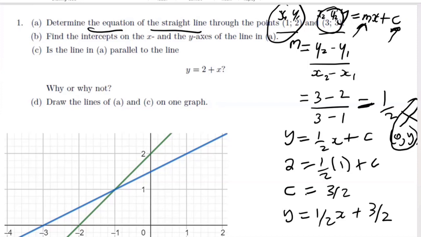So you're going to have 3 is equal to half multiplied by 3 plus c. When you simplify, you'll find that your c is equal to 3 over 2. I'm not going to go through that. So you don't really have to choose the first coordinate. You can choose the second one, anyone that you've got access to.